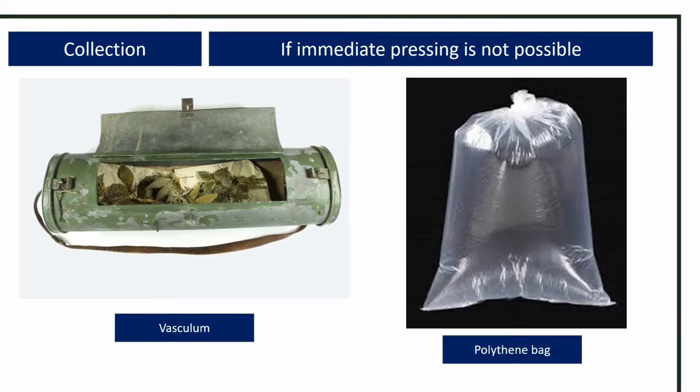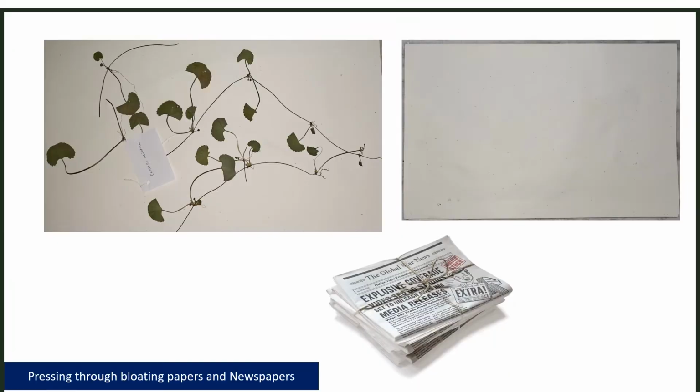There will be no loss of moisture, and it will be in a healthy state till it is being pressed. So you have to make sure that it is pressed as soon as possible, or right after the tour. So this is the important part of the collection.